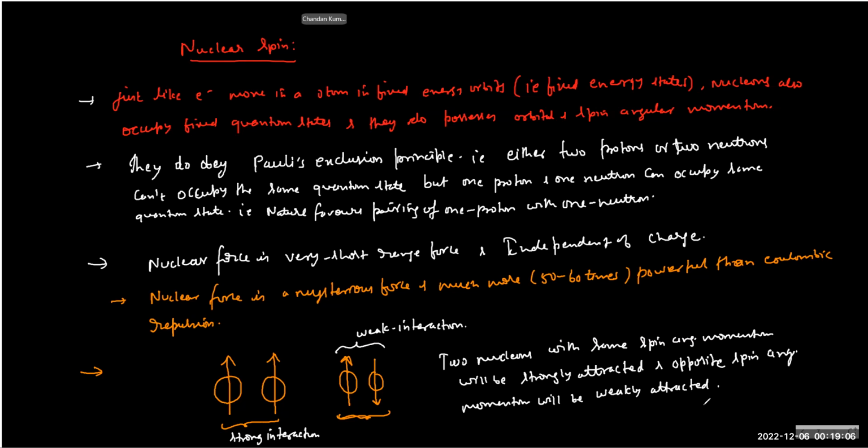So see, nature favors pairing, because the two protons coming together or the two neutrons coming together will not be a good configuration, because they would have the same quantum state. So you can see that you have a large number of neutrons and fewer protons. That's the trend.